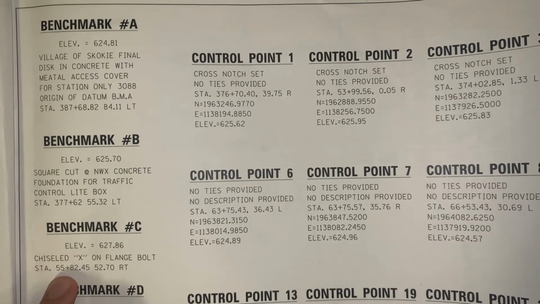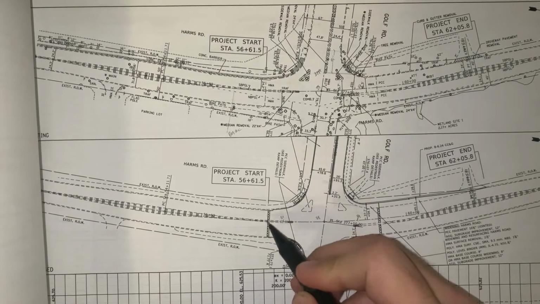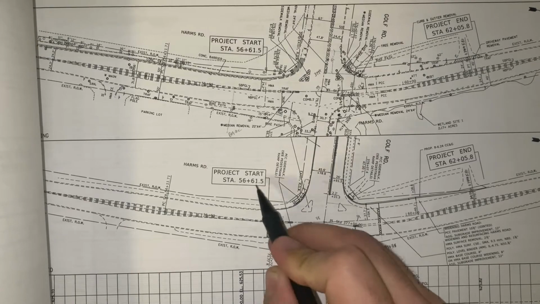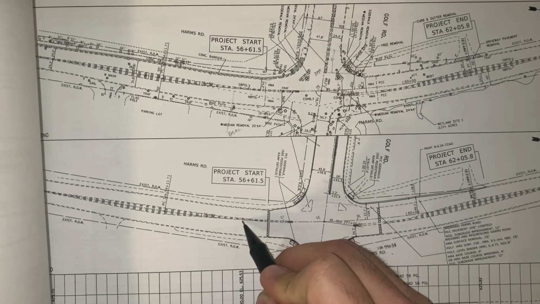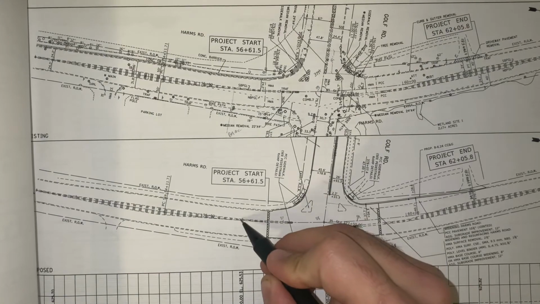If we were to go to station 55 plus 82.45, this is 56, this is 56 plus 00, and then it's hard to see the tick mark, but it's there. And then this is station 55. So 55 plus 82, we know it's closer to 56.